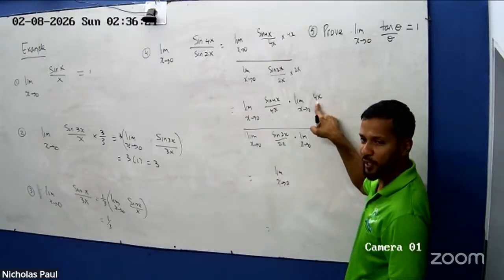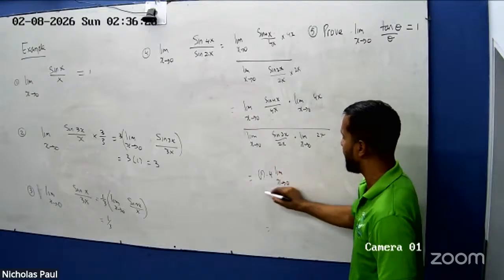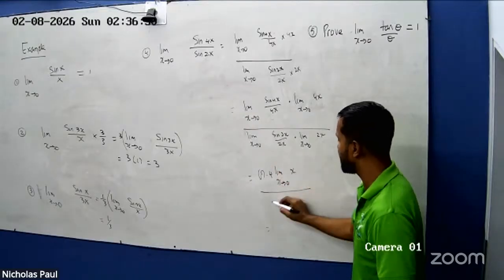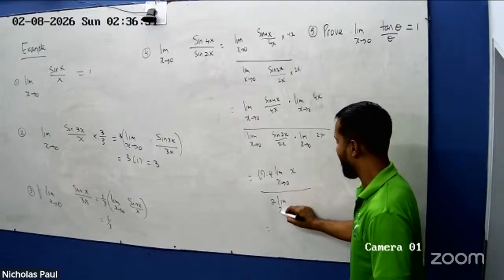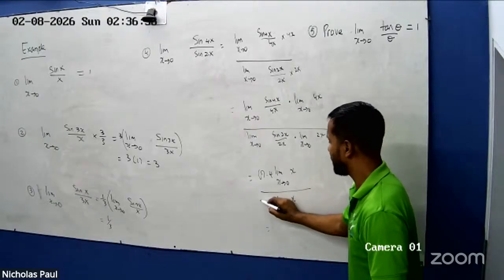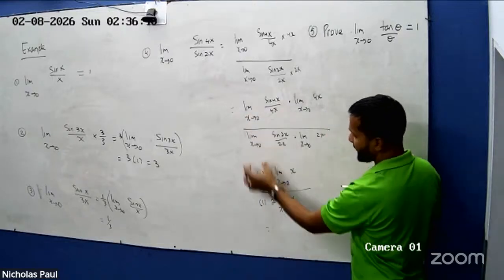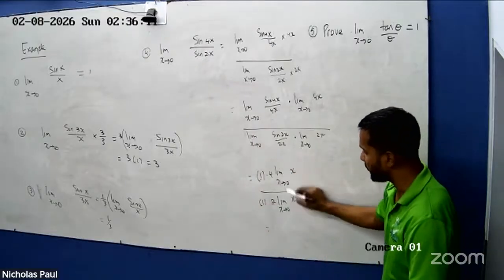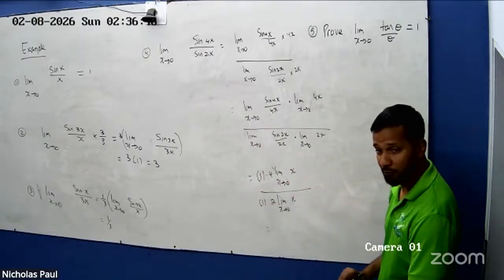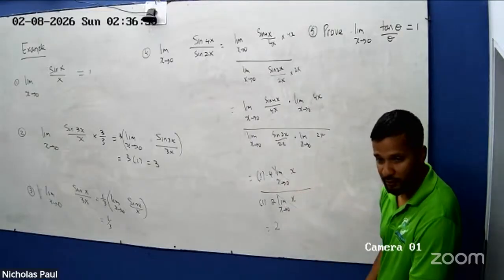What can I do with this 4? So I have 1 here, and I'm putting the 4 on the outside of x, putting the 2 on the outside. The 1 comes from here, the 1 comes from here. What can I do now? This will cancel. And now I have 4 over 2.